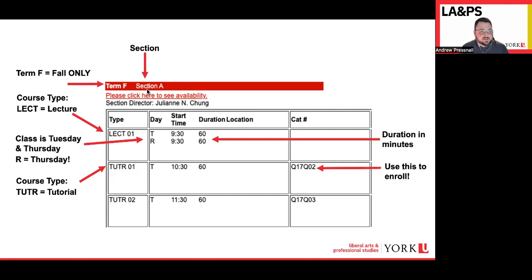To the right of this, we have section A. Section A indicates that, sections are typically, not always, but typically there is one professor assigned to each section. Oftentimes there will be multiple TAs, or teaching assistants, who run each of the tutorials, but often there is one professor per section.